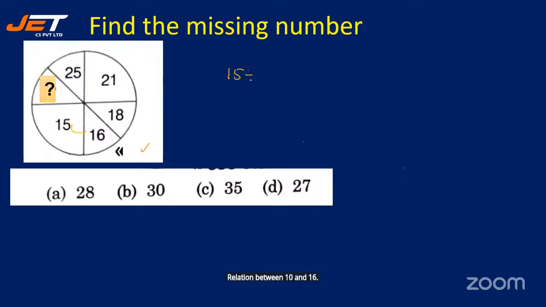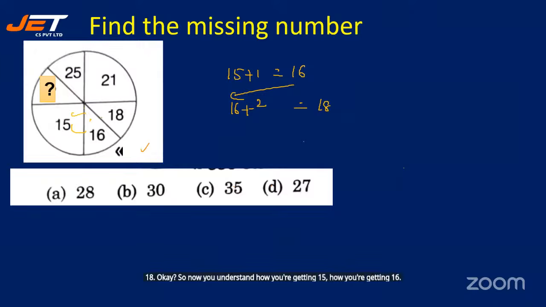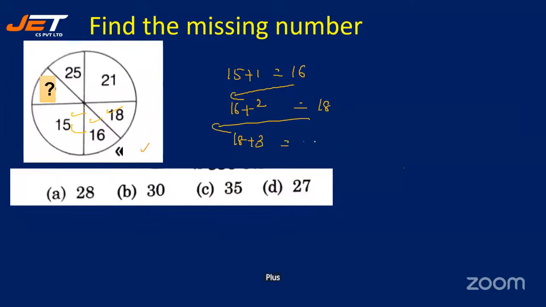So 15 plus 1 is 16. Now bring this 16, plus 1 plus 1, 2, is 18. Right? So now you understood how you are getting 15, 16, and 18. Next, bring this 18 here plus 3, which will be 21. So you have understood this also.